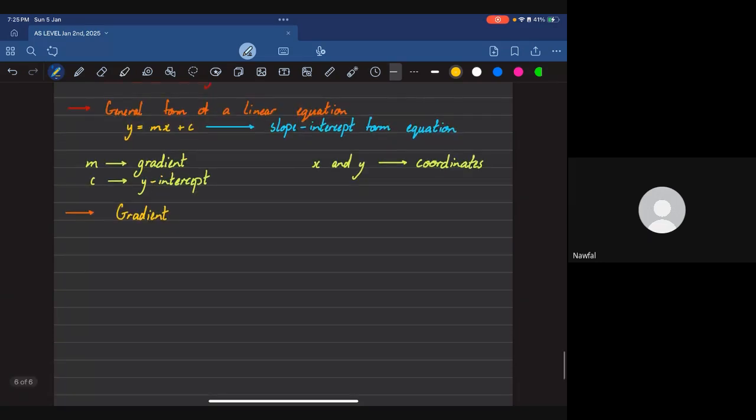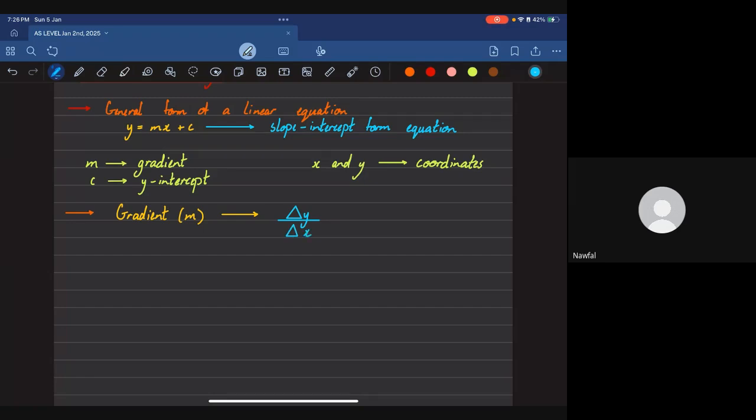Now the gradient is determined by, first of all, the symbol for the gradient is a lowercase m, and simply your gradient is, sorry, change in y over change in x.